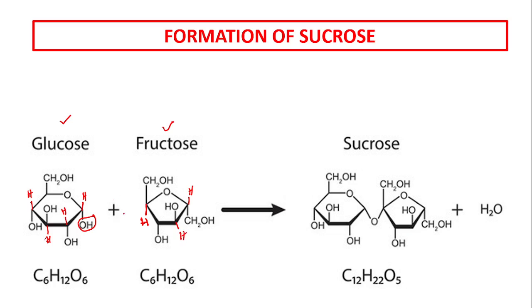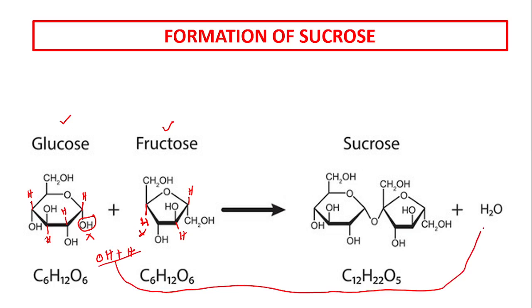So during the formation of sucrose, the carbon number 1 of glucose will react with the carbon number 2 of fructose. So this one here will react with that one. What will happen is the OH will react with the H to produce what we are calling water.